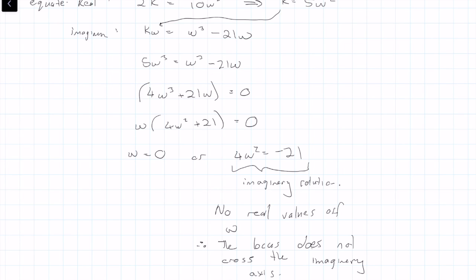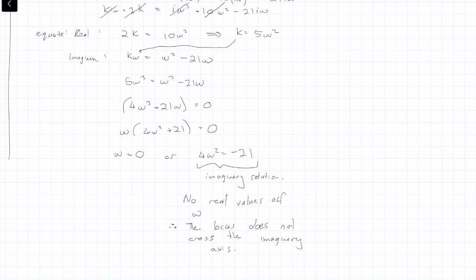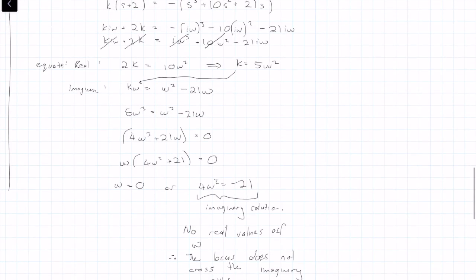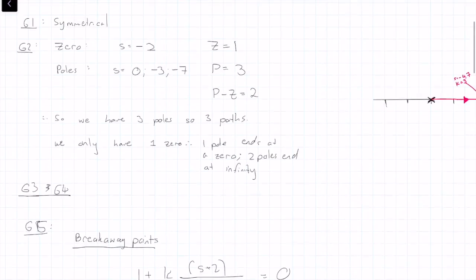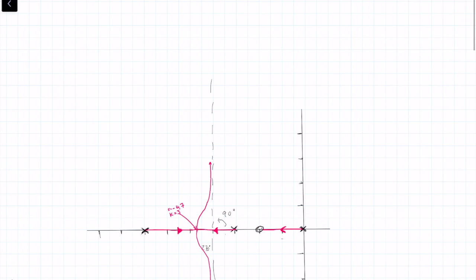That's basically what we needed to do if we wanted to do it analytically, but again, you could have just looked at your root locus and worked off of that.